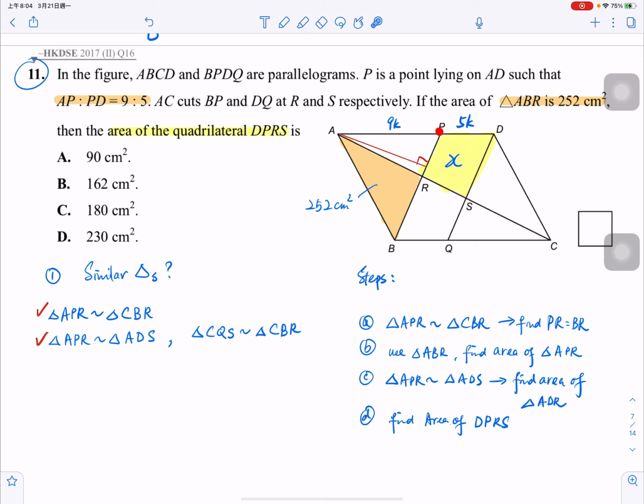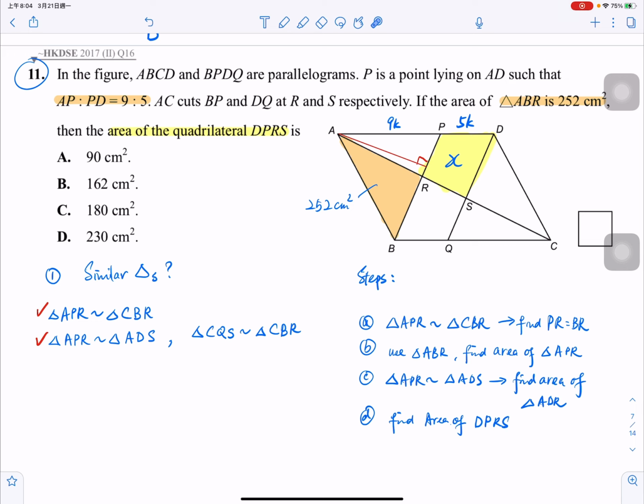X actually comes from the big triangle minus this part. If we know the big triangle and the small triangle, then we can find X.